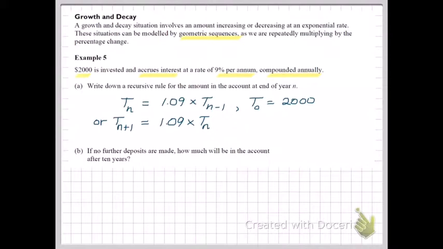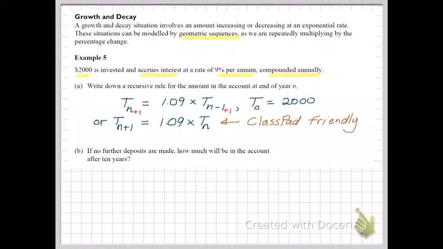We can also write it as Tn plus 1 equals 1.09 times Tn, and remember we're just adding 1 to each index value for the terms to work out that change. This second statement is the ClassPad friendly form. Remember that ClassPad wants to use a n plus 1.